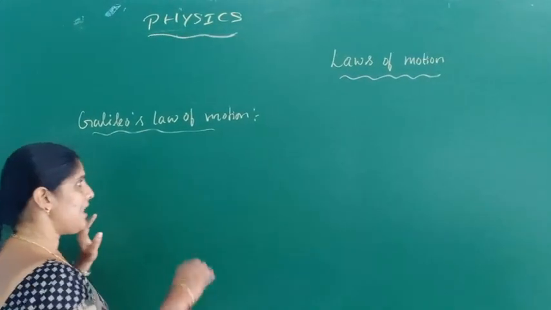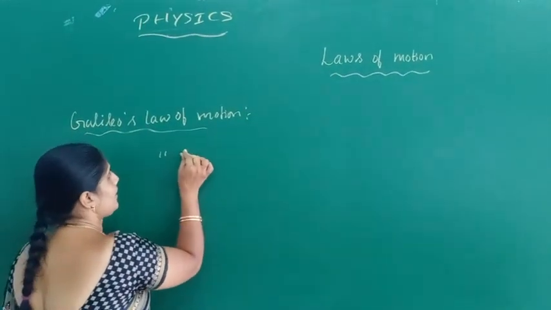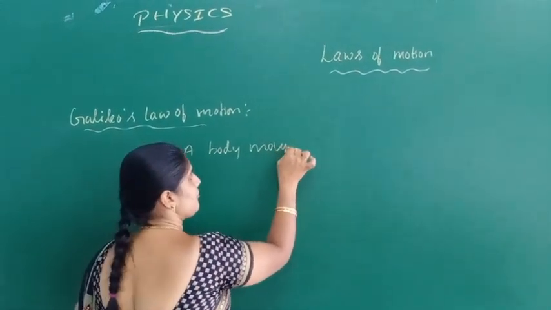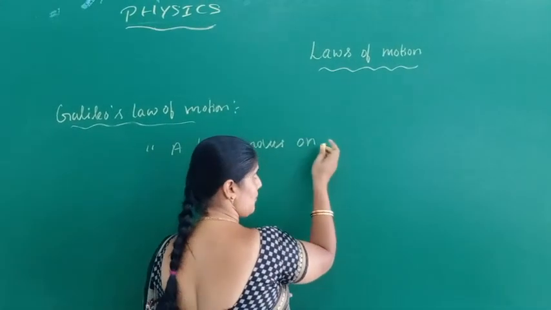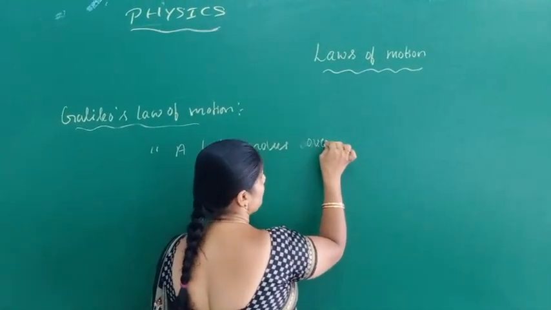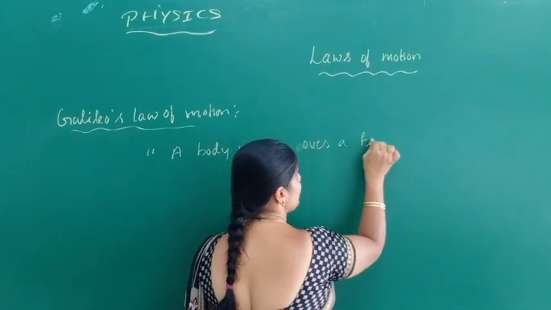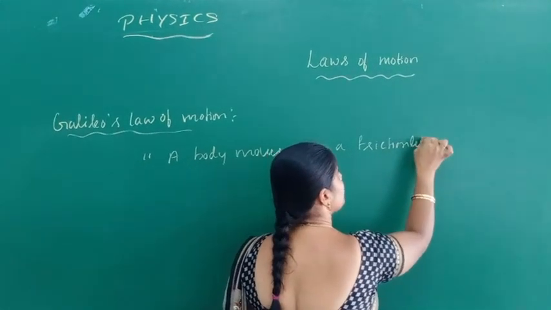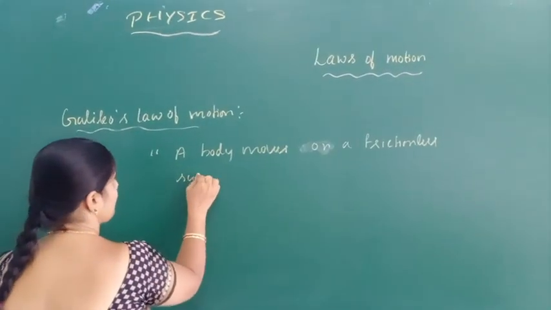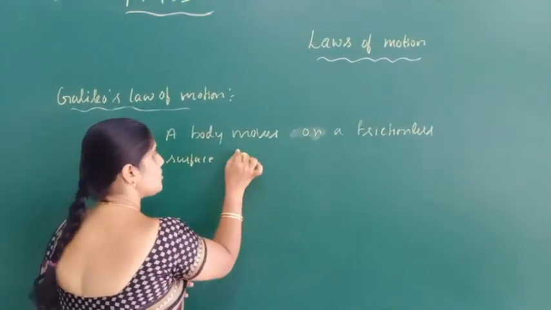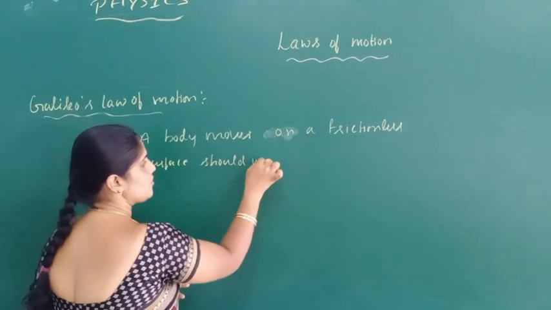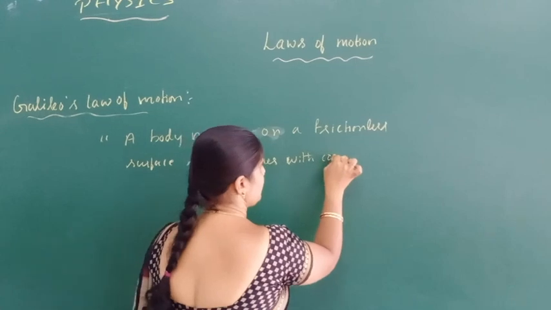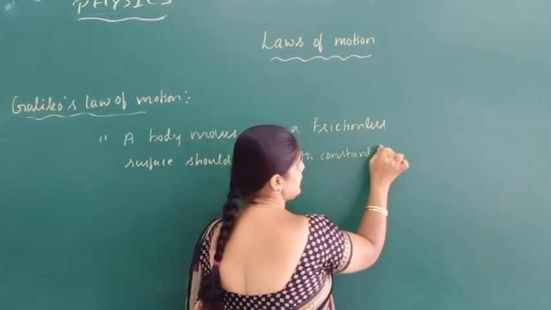Galileo's law states that a body that moves over a frictionless surface should move with constant velocity or uniform velocity.